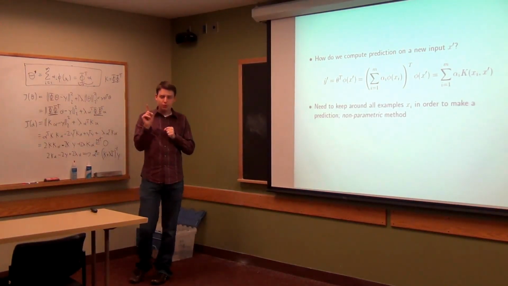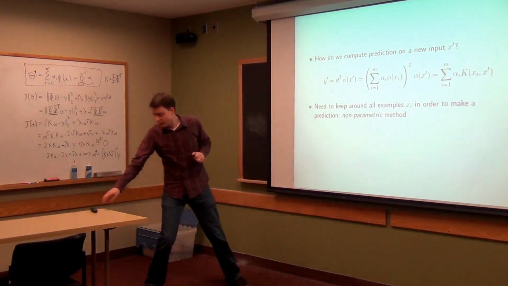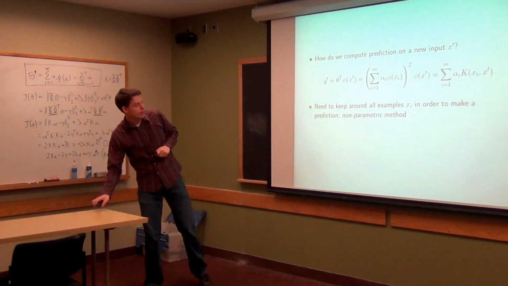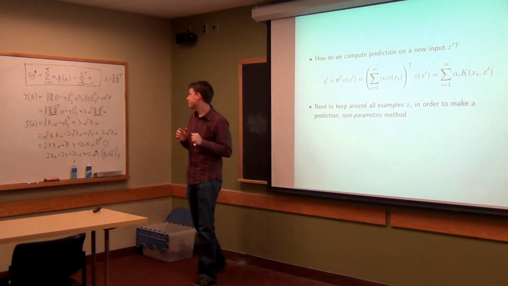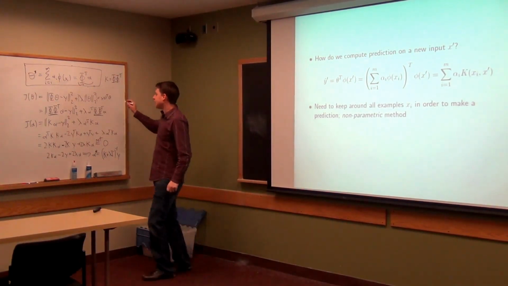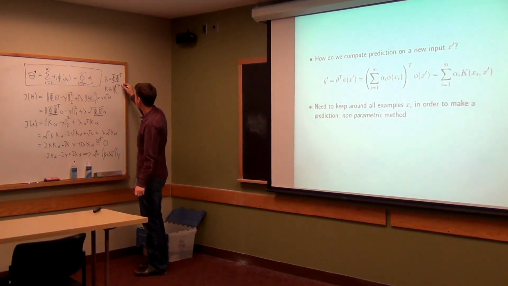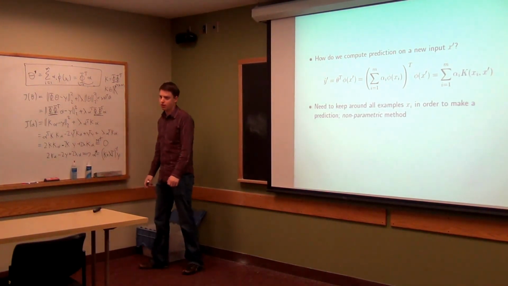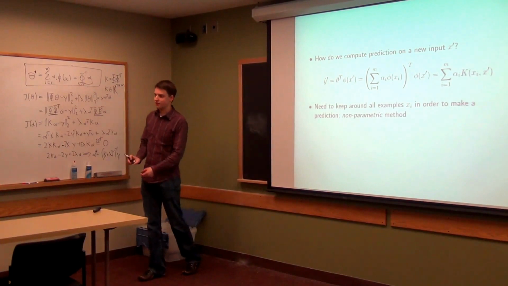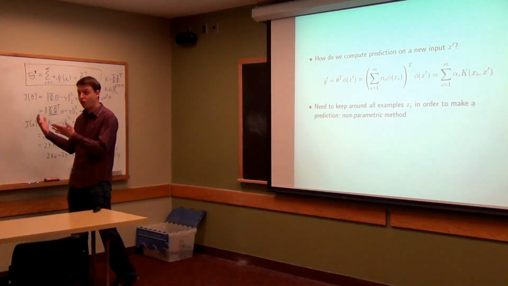OK, that's point number one. This is what's called a non-parametric method. The second point: K here is, remember, an M by M matrix. Every element of K you have to compute through this kernel function.